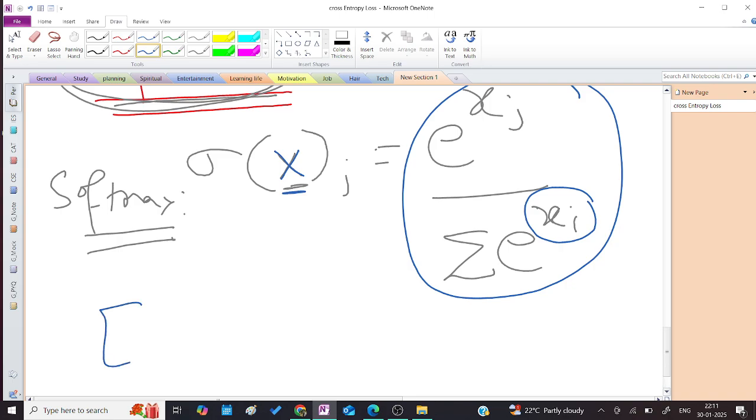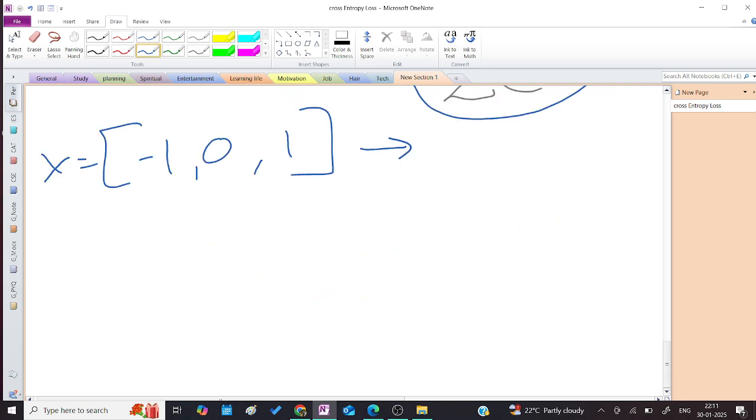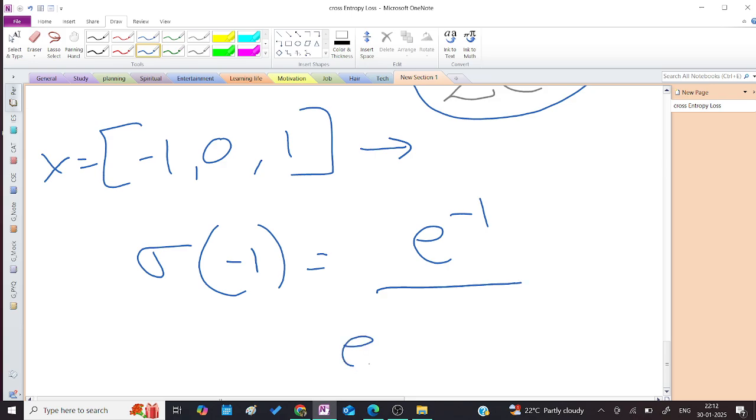For example, the x can be anything. Suppose this is 3. Then for minus 1 it will be e to the power minus 1 divided by e to the power minus 1 plus e to the power 0 plus e to the power 1.